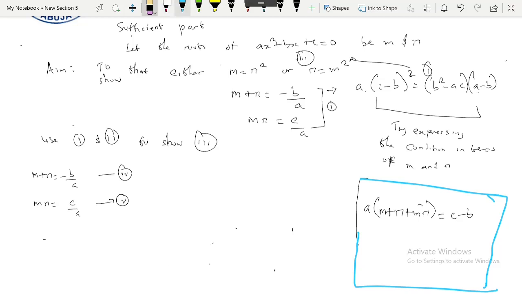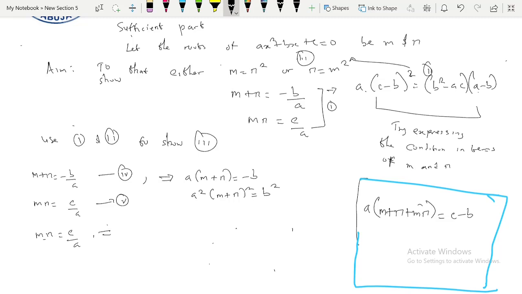So from 4, this implies that if I multiply both sides by a, I have a into m plus n equals minus b. Then I square both sides, I have a square into m plus n squared equals b square, right? Now for ac, we have mn equals c over a.